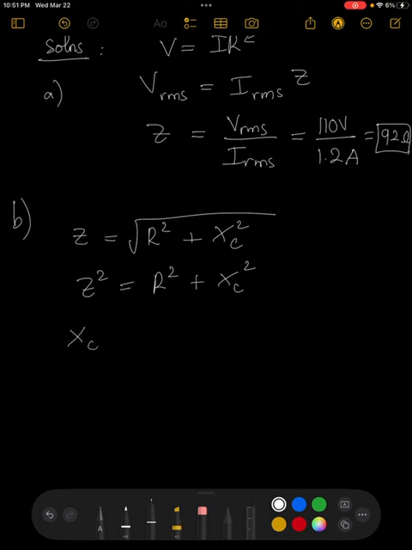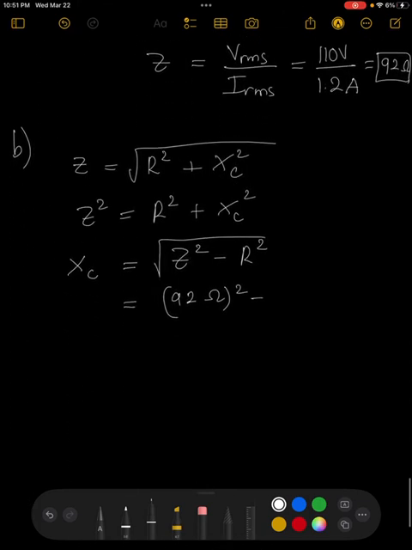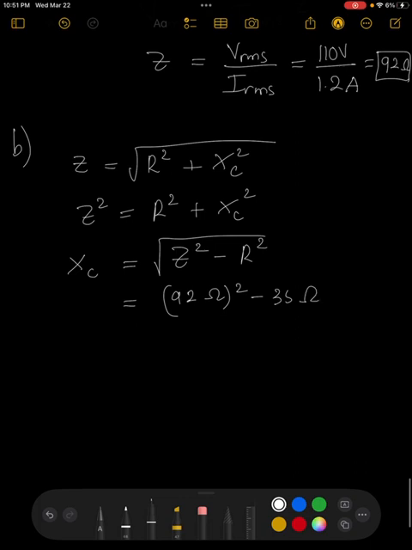Therefore, your XC is the square root of Z squared minus R squared. Z is 92 ohms squared minus your R, 35 ohms squared, altogether square root.